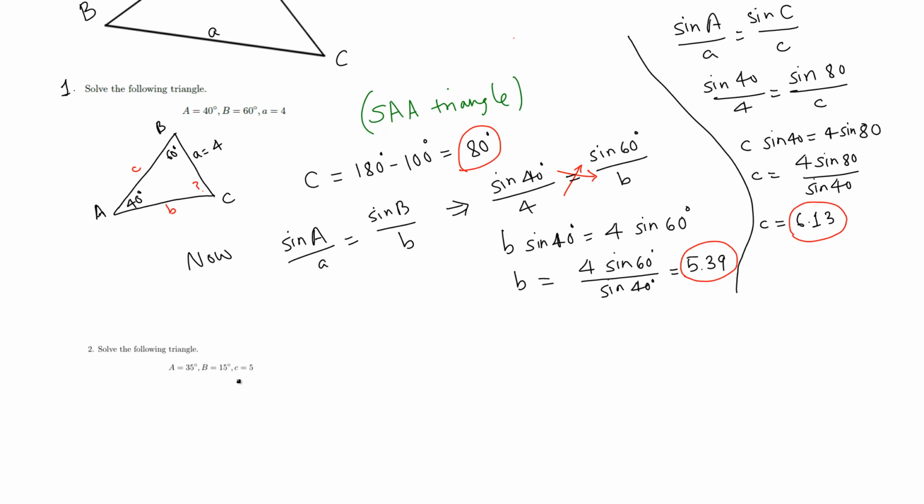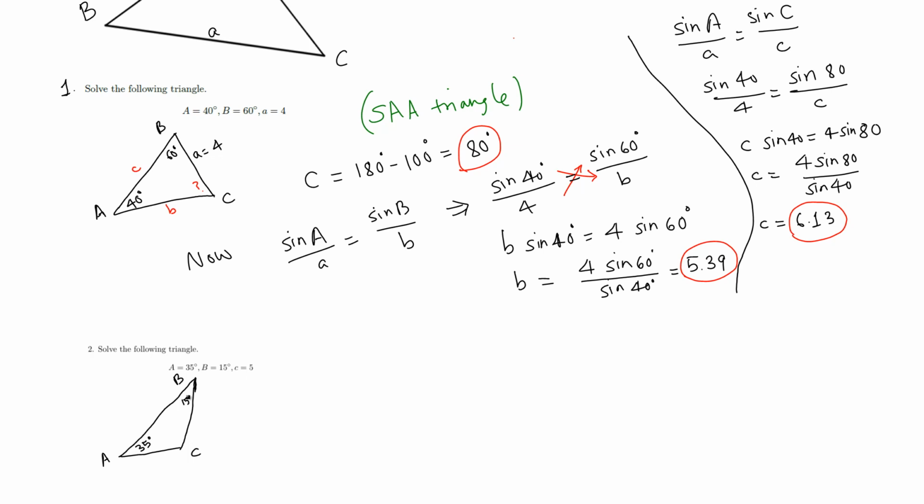So let's draw a triangle. It doesn't have to be exact. B is small, so I'm just trying to make it small. A, B, C. A is 35, so this is 35 degrees.